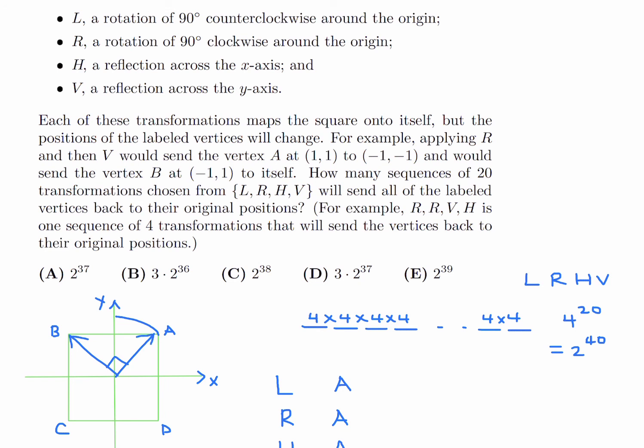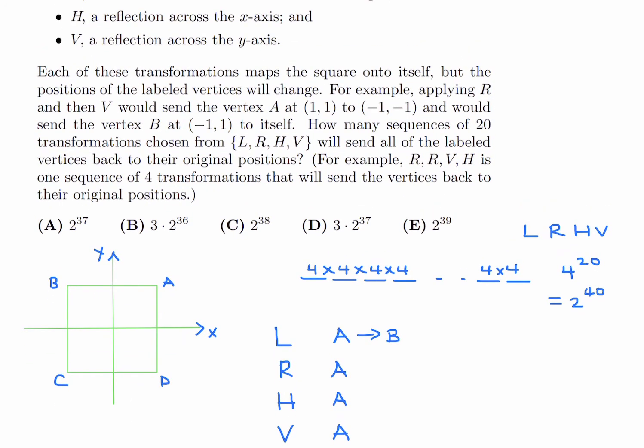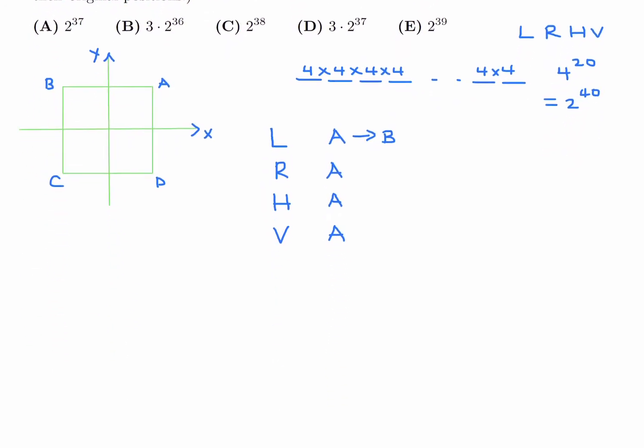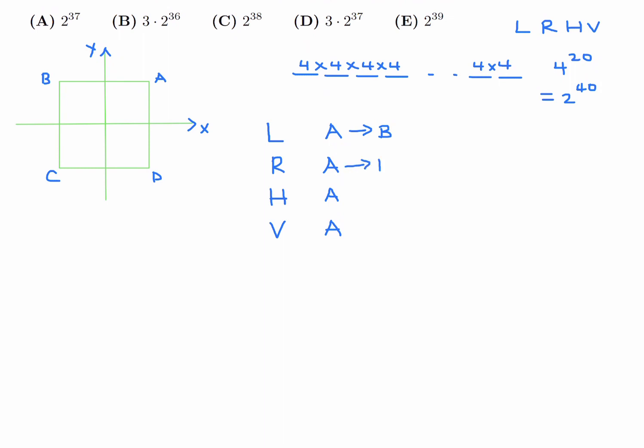So it would end up at B. Now R, 90 degrees clockwise, so it would go from here to here, so D. And then the reflections are relatively easy. Reflection in the x-axis, it just goes to D. And then across the y-axis, it would go to B.